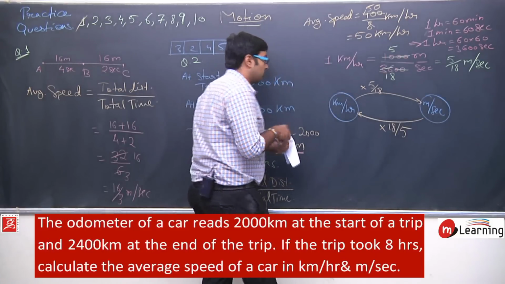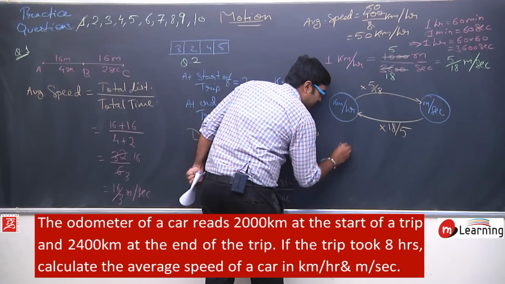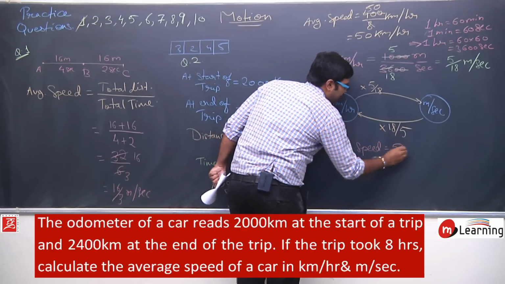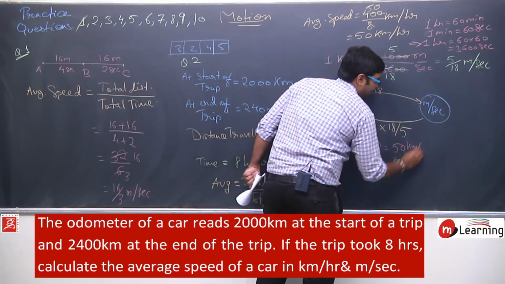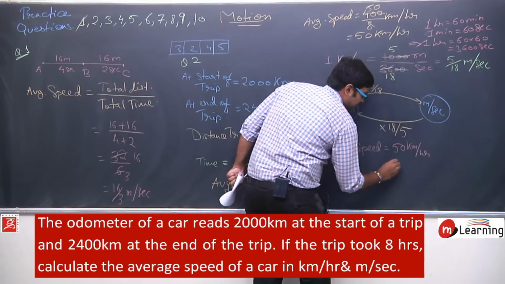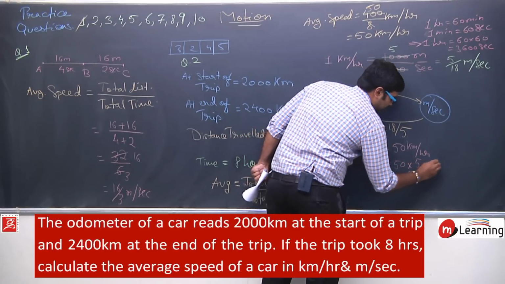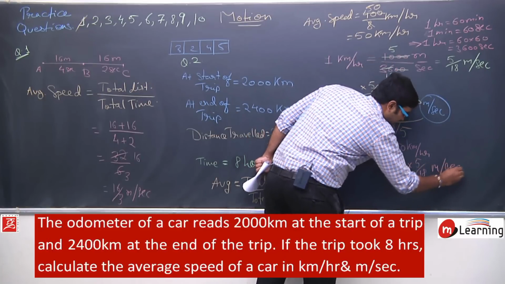So average speed is equal to 50 kilometers per hour. It can be written as 50 into 5 by 18 meters per second.